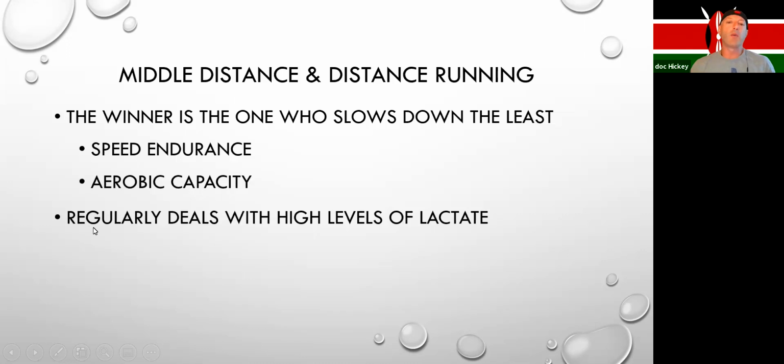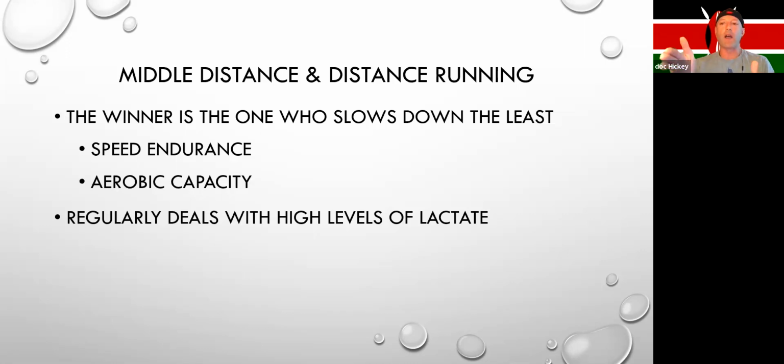The other thing with our middle distance runners and our distance runners is that they regularly deal with high levels of lactate. If you look at the blood lactate profile of a hockey player as the game goes on, starting out in the first period, they're flying, they're buzzing around. There's not a lot of lactate being built.